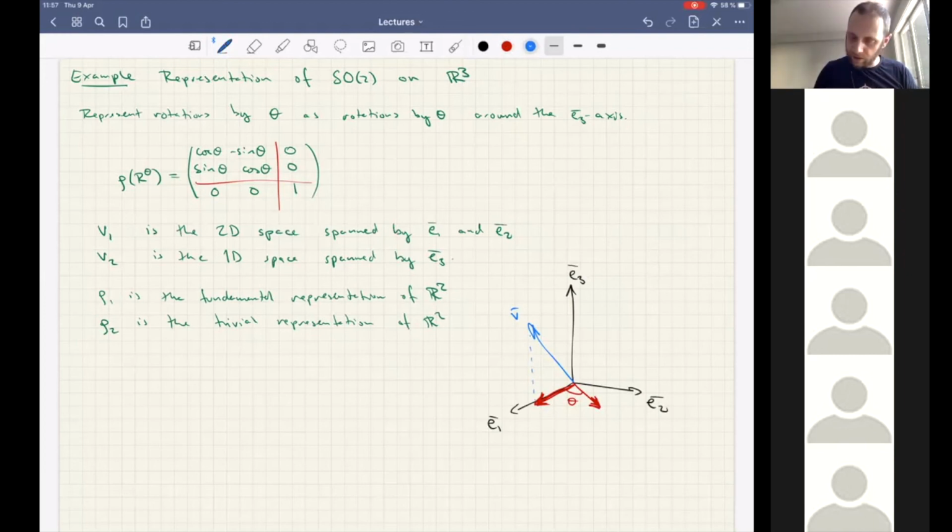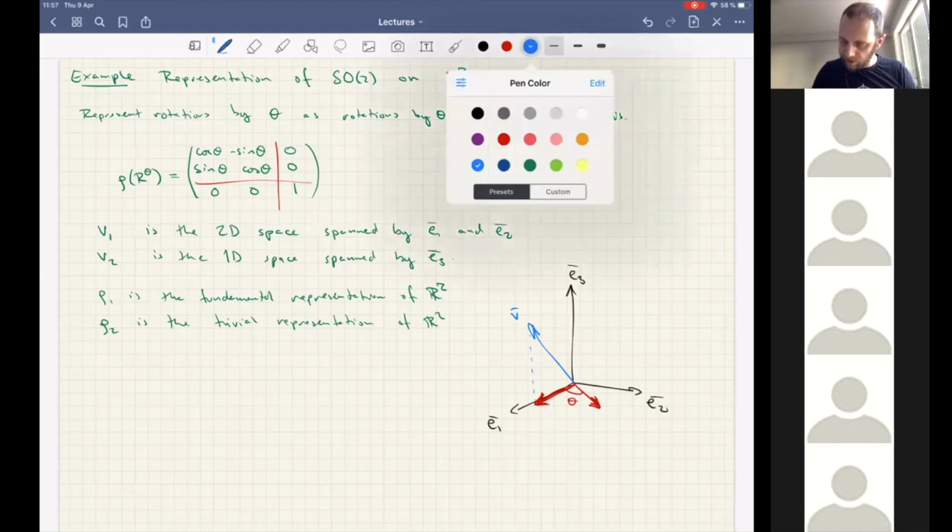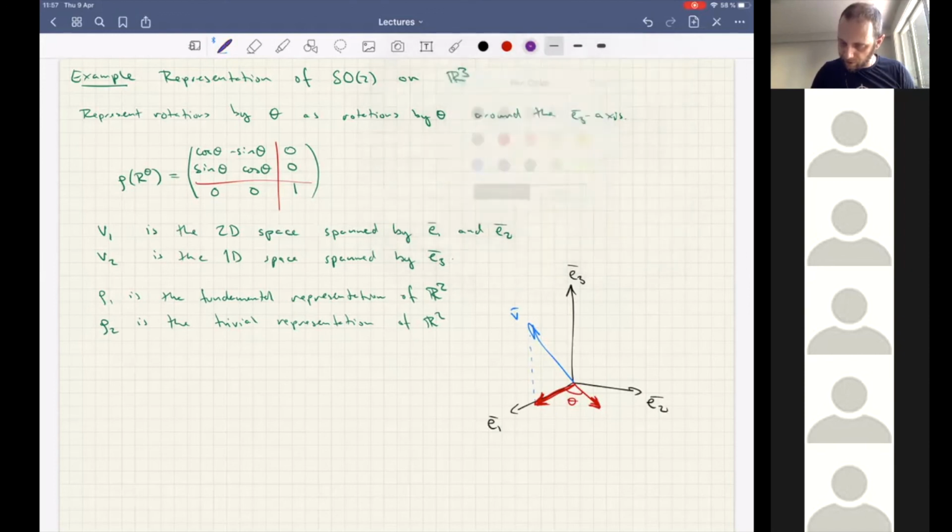So let's take some other color. Let's take purple. So that's here. The projection onto the E3 axis. And under this rotation in 3 dimensions, which represents the 2-dimensional rotation, the orthogonal component in the E3 direction does not change, which means that it transforms under the trivial representation of rotations.